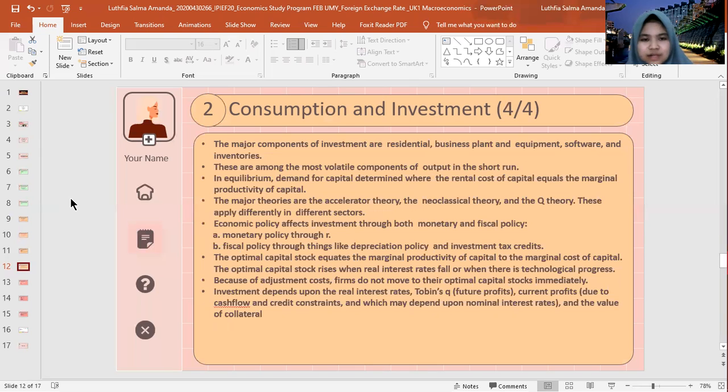The optimal capital stock equates the marginal productivity of capital and the marginal cost of capital. The optimal capital stock rises when interest rates fall or when there is technological progress. Because of adjustment costs, firms don't move to their optimal capital stock immediately.